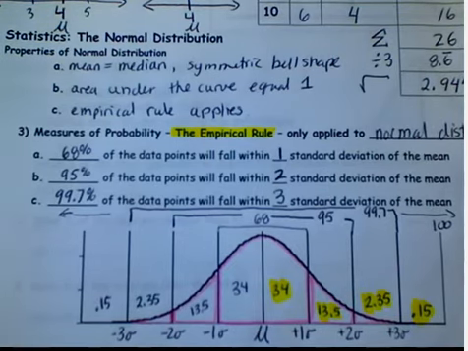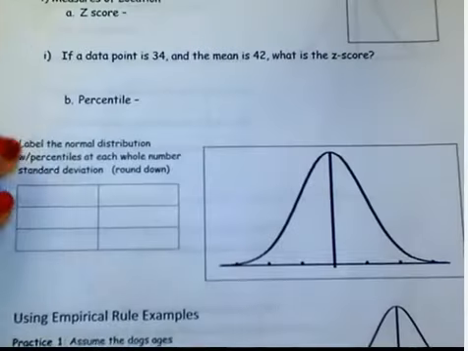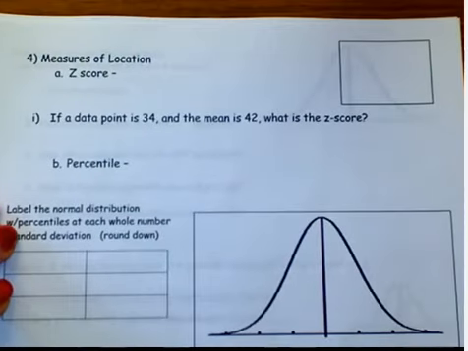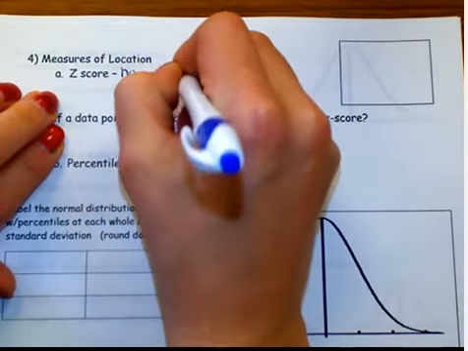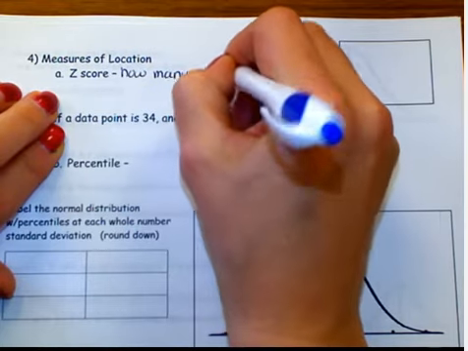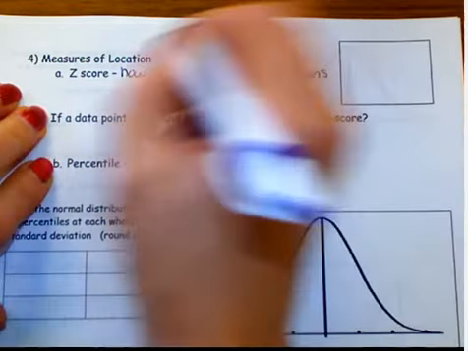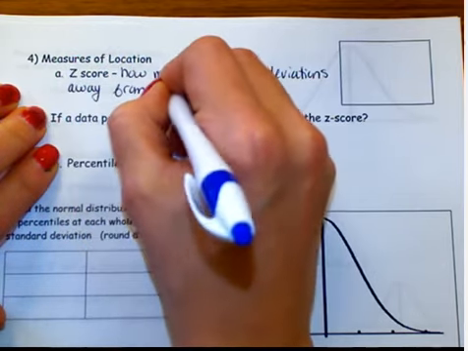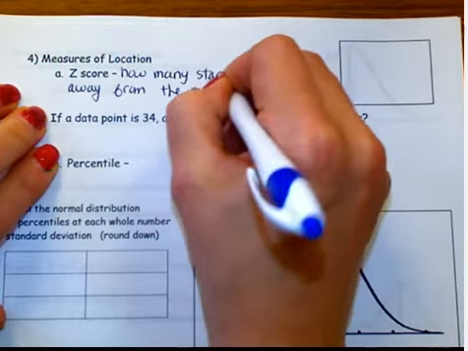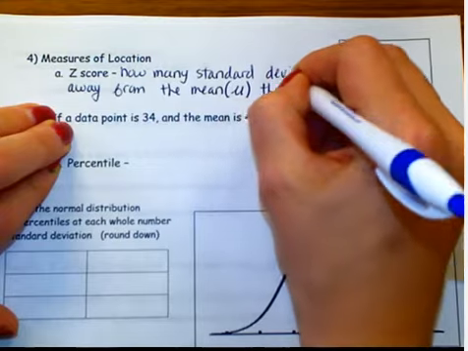All right, we have one more piece of vocab to look at before we get into some examples. We're going to look at measures of location. The first one is the z-score, which is how many standard deviations away from the mean the data point is.